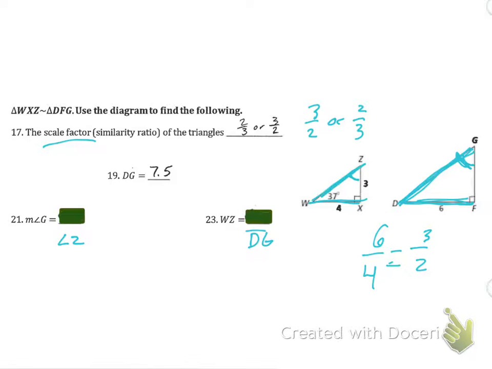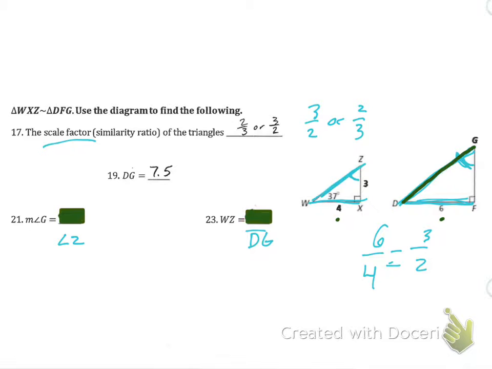So for example, DG, this line right here. Essentially what I need to do is, if this is 6 and this is 4, I'll do 6 over 4. Let me think what I'm doing here.